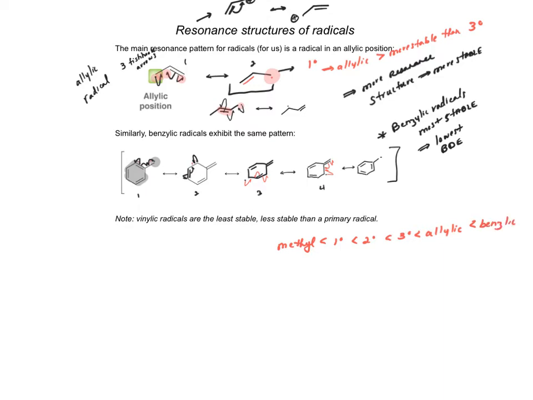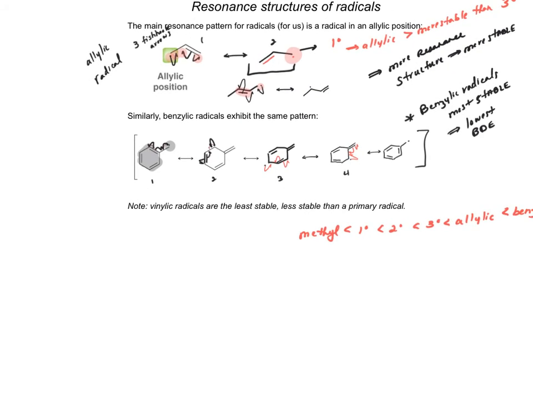One last thing: we've talked about allylic and benzylic, but we have not talked about the vinyl position. As a reminder, there are two different positions with respect to the double bond. If we're here, this is the allylic position, the carbon directly adjacent to the double bond. If we instead were at this carbon, this is the vinylic or vinyl position.